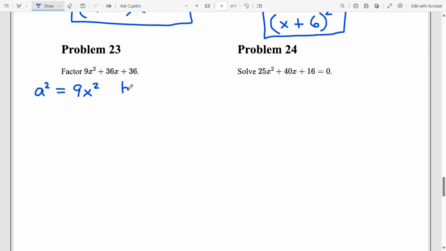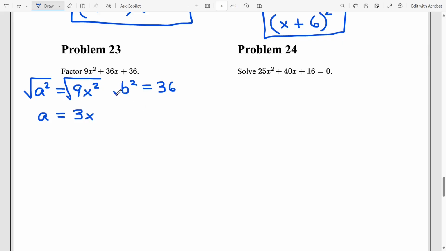B squared would be the last term, 36. The square root of a squared is going to be a, so we'll take the square root of both sides to figure out what a is. So a is going to be the square root of 9x squared, which is just 3x.